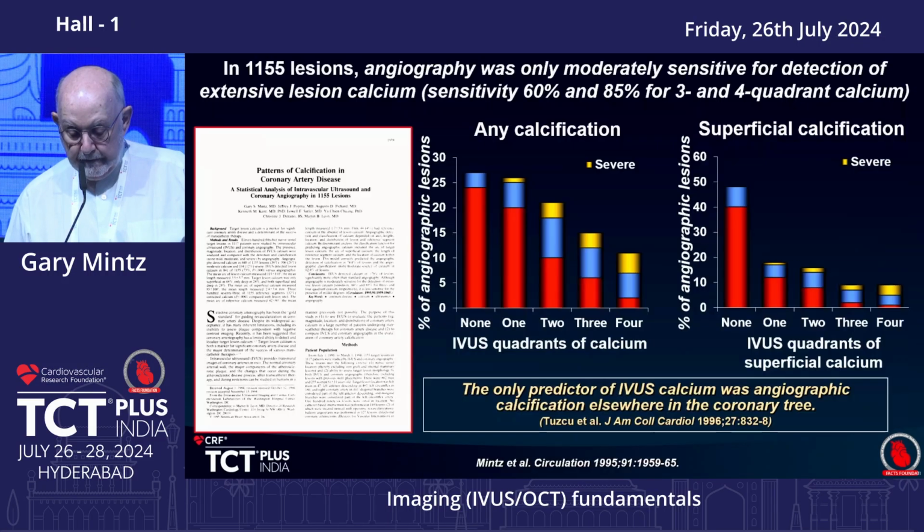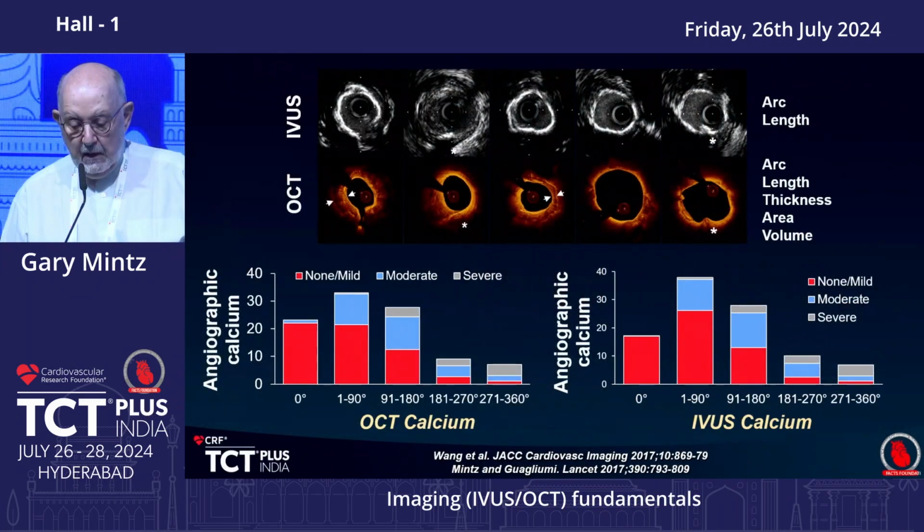This is a paper that I wrote 25 years ago, and it showed that IVUS detects calcium twice as often as does angiography. There's a certain small false positive rate by angiography, and it isn't until you get 3 or 4 quadrants of calcium that the angiogram becomes even marginally reliable.